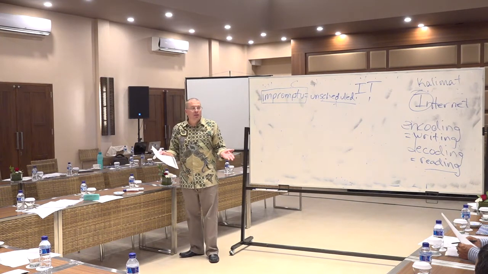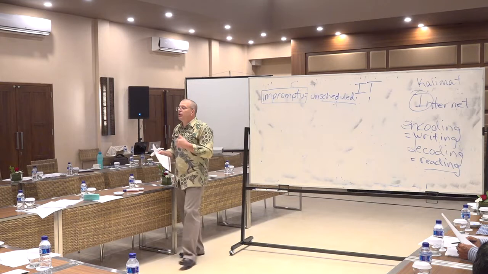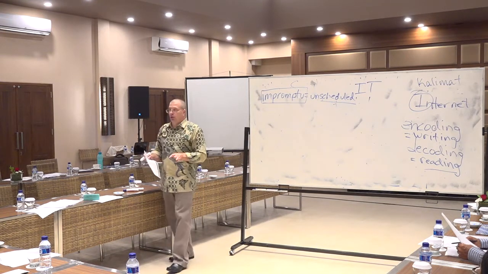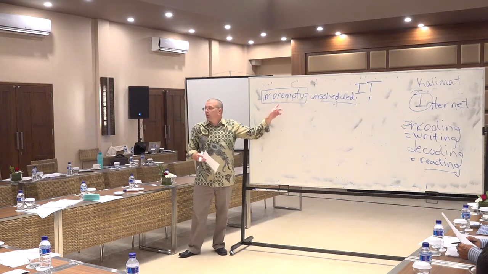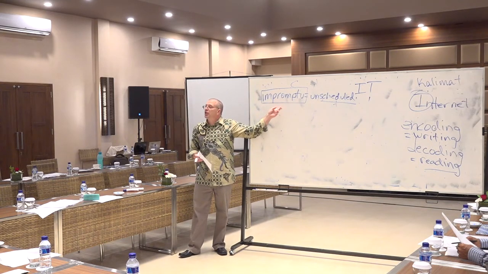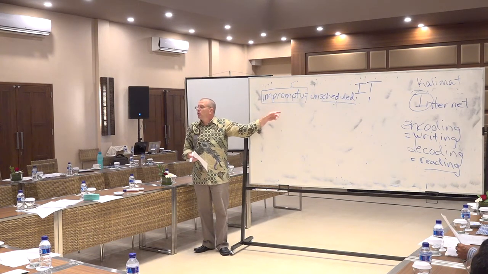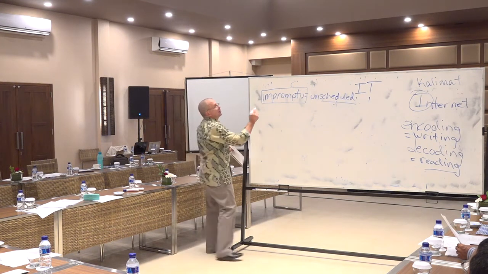Impromptu meeting. He called an impromptu meeting. It was not scheduled. So this is the keyword. To summarize the sentence, you have to recognize that this code has a meaning.